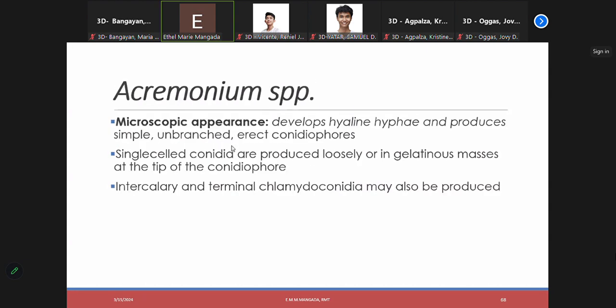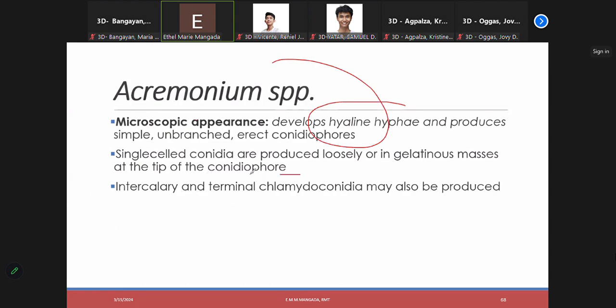Another microorganism causing mycetoma is your Acremonium. So, as we said, not all organisms causing mycetoma are dematiaceous, unlike in our chromoblastomycosis and phaeohyphomycosis. Your Acremonium is a hyaline fungus.